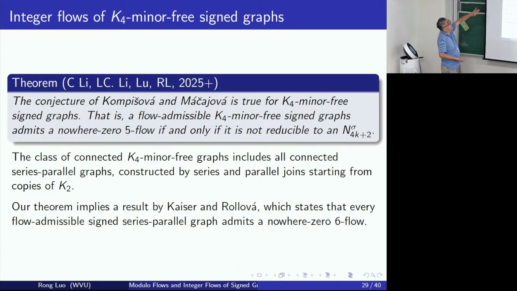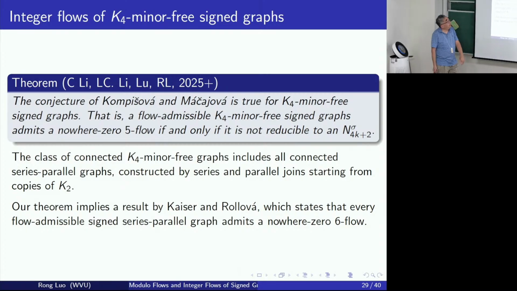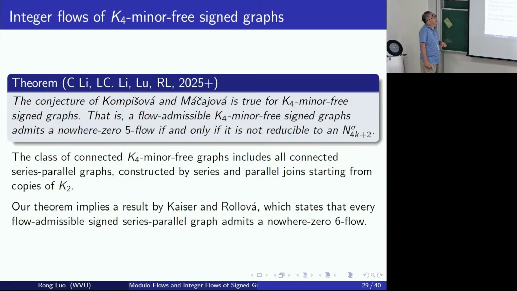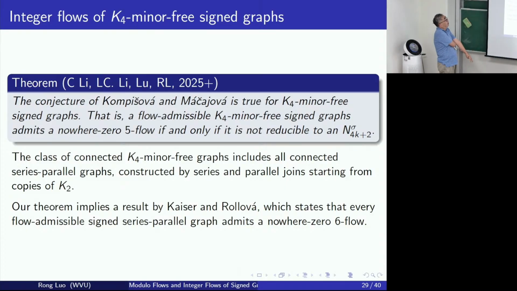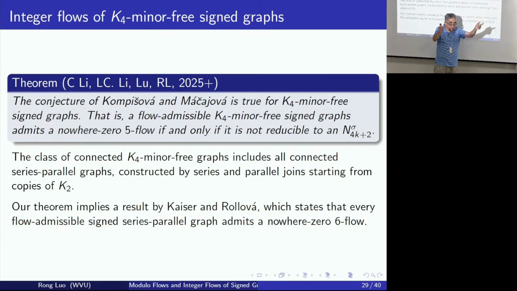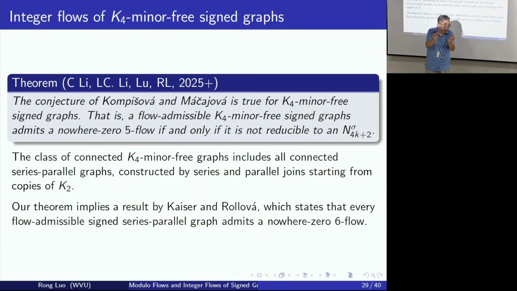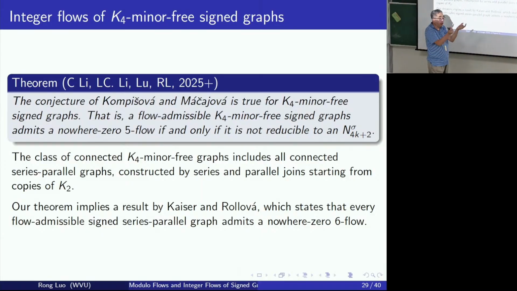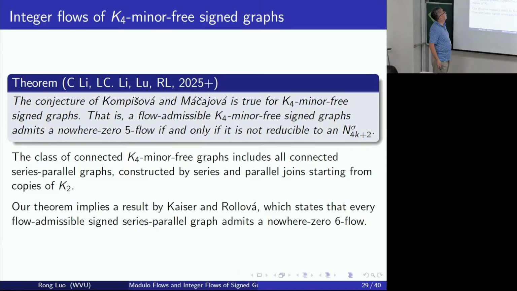So we look at some very simple graphs, like K4-minus-free signed graphs, and we can actually find out that the conjecture is true for K4-minus-free graphs. So we prove that every flow-admissible K4-minus-free signed graph admits a nowhere-zero 5-flow if and only if it's not reducible to one of these, because the Petersen graph is not K4-minus-free, and the cube is not K4-minus-free.